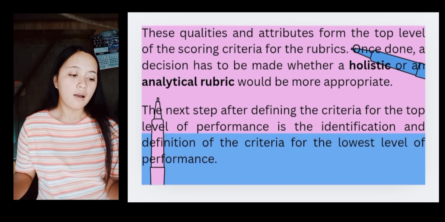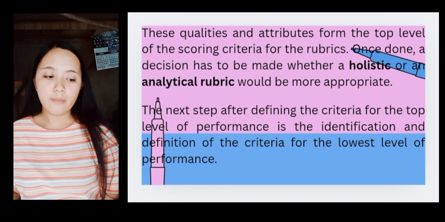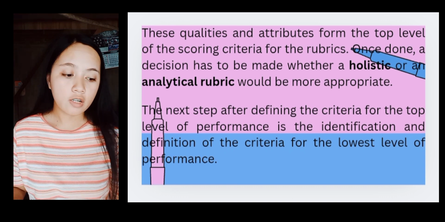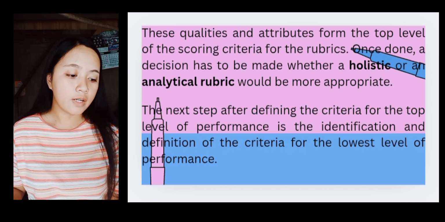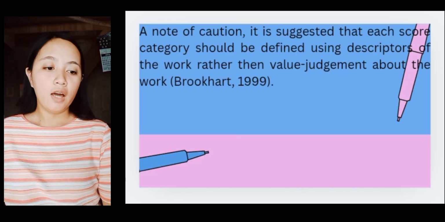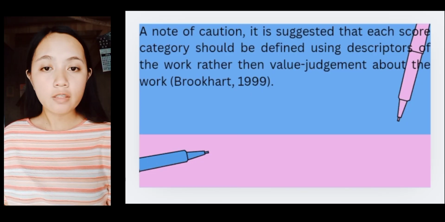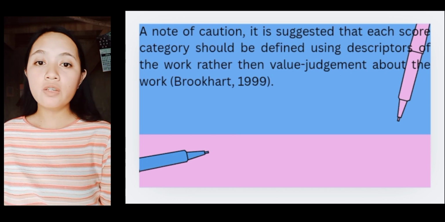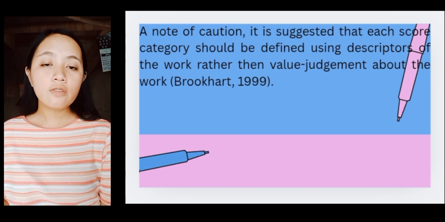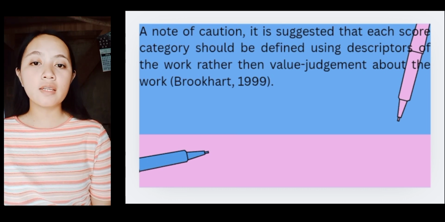The next step, after defining the criteria for the top level of performance, is the identification and definition of criteria for the lowest level of performance. A note of caution: it is suggested that each score category should be defined using descriptors of the work rather than value judgment about the work, according to Brookhart 1999.